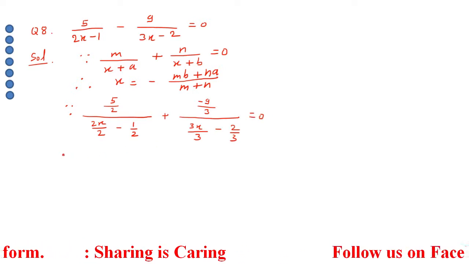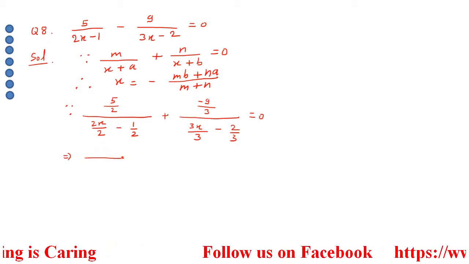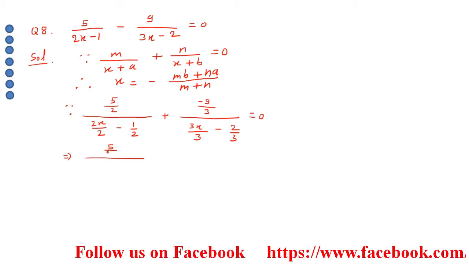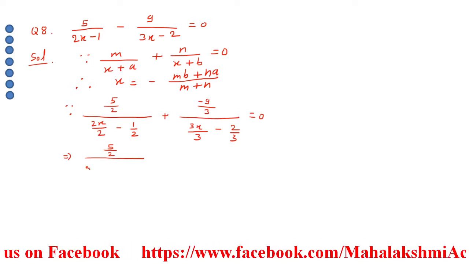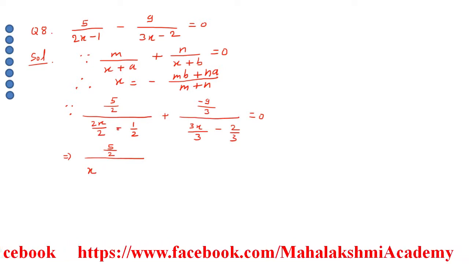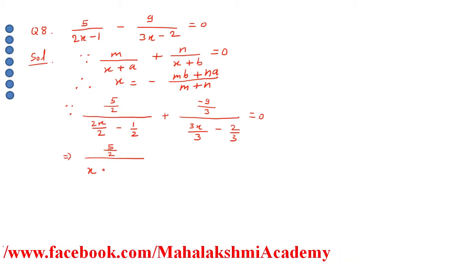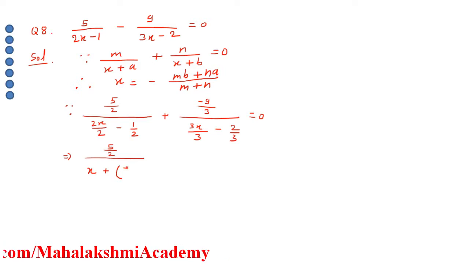Now this step implies that in the numerator 5 and 2 we cannot reduce, so 5 upon 2 as it is, and here 2 and 2 will cancel, so you will get only x. Now one more thing, here we have a minus sign, but what sign do we need here? Plus sign. That's why just write a plus sign here, and the minus sign you just shift to the half, so you will get minus half here.